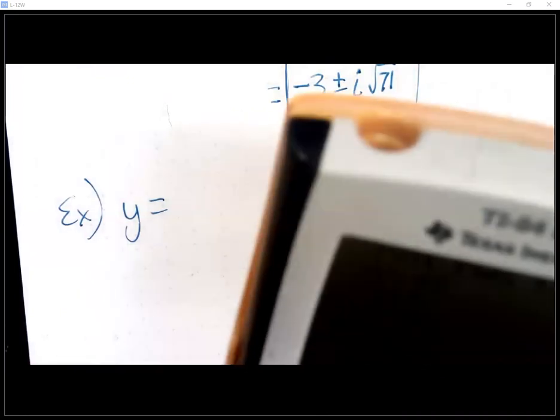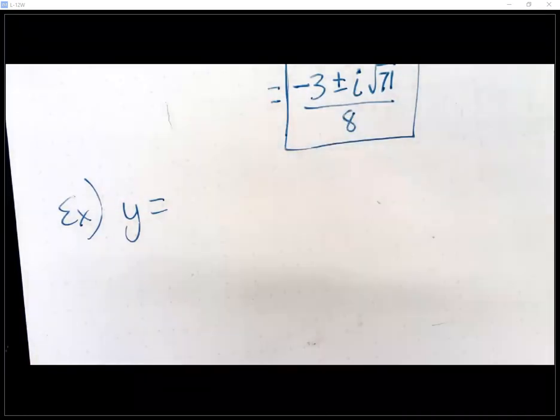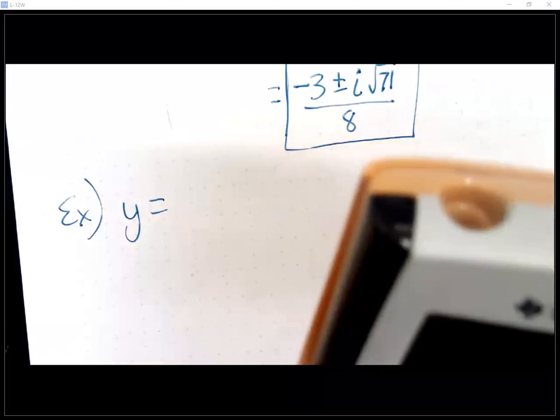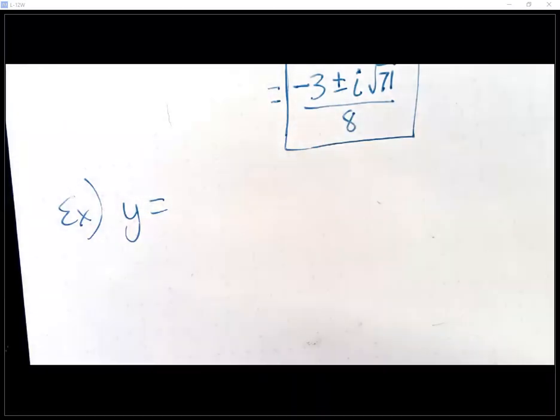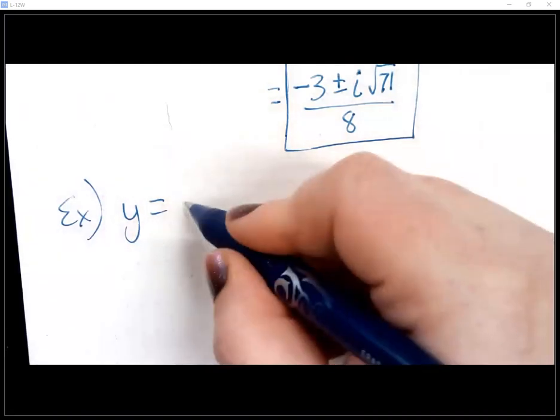Let's do a, oh, I know. I'm going to put a negative there. Two. Yes. Okay, let's try this. I don't know how it's going to come out, but I know this one does not touch the x-axis.